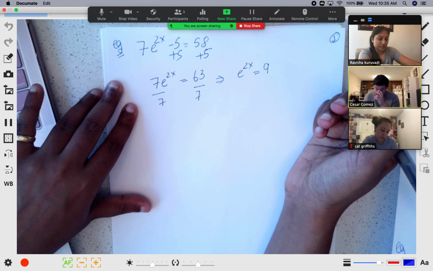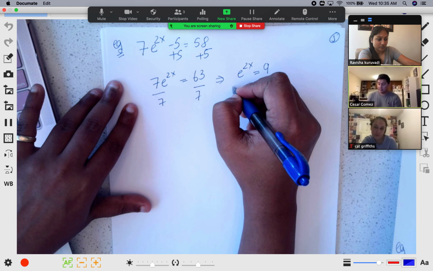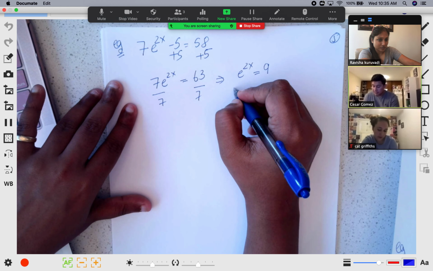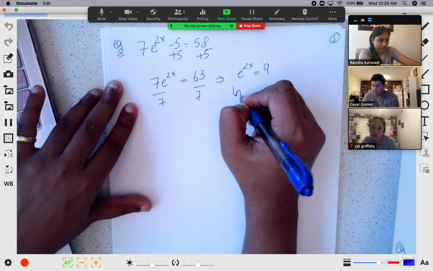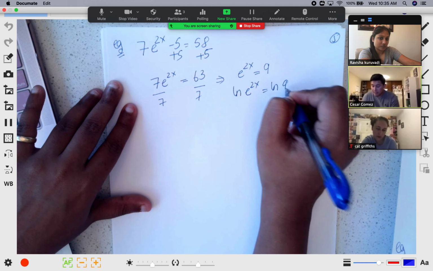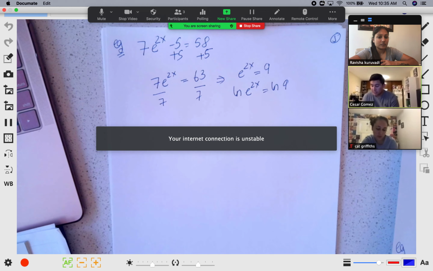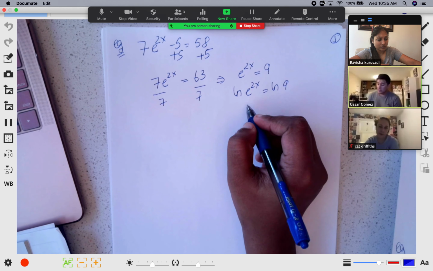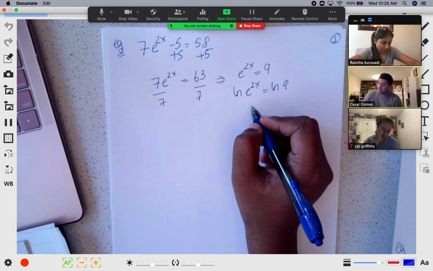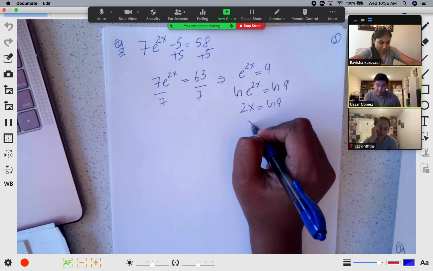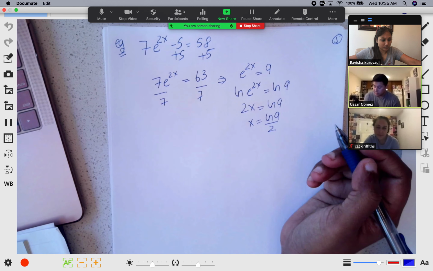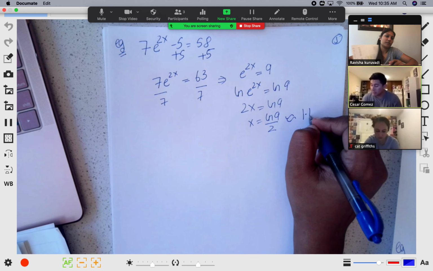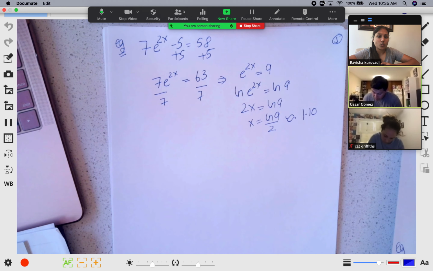And then I didn't see any 10s, so I did ln. So I got ln e to the power of 2x equals ln 9. I got 2x equals ln 9, and then I would divide ln 9 by 2. I got x is approximately 1.098. So it is 1.10 approximately.